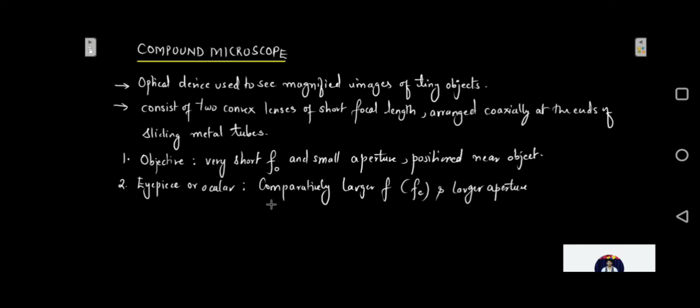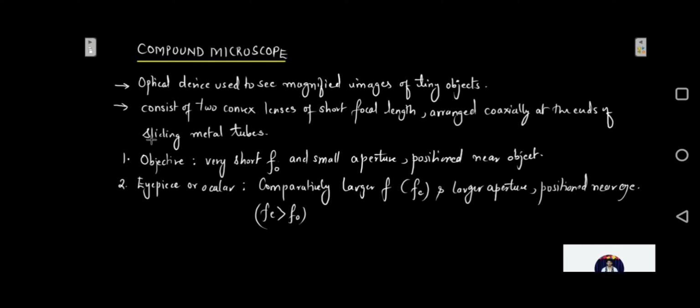So here Fe is greater than Fo. This you have to remember, that the focal length of the eyepiece is going to be more than the focal length of the objective. The eyepiece is positioned near the eye for viewing the final image which is formed.